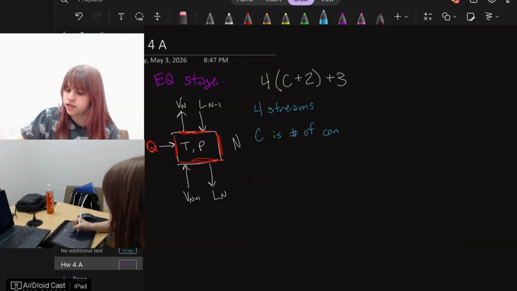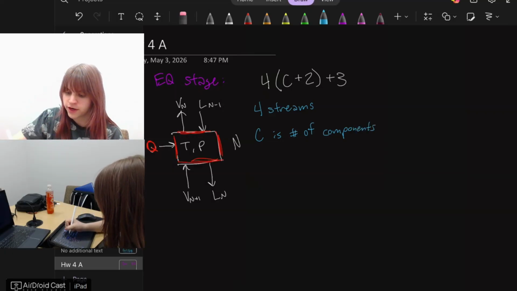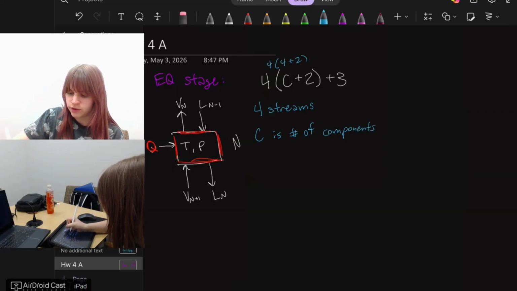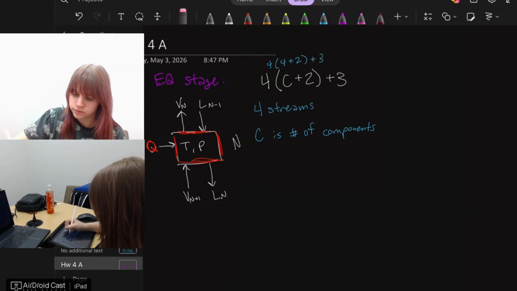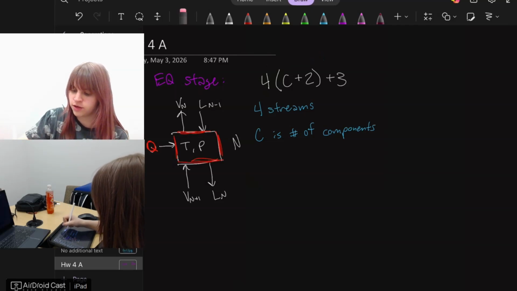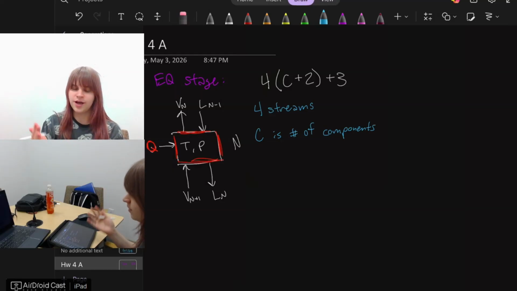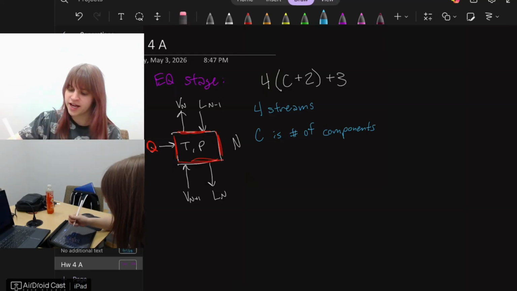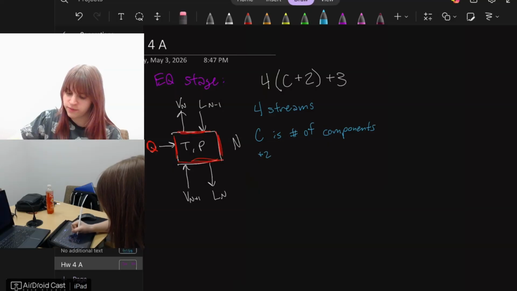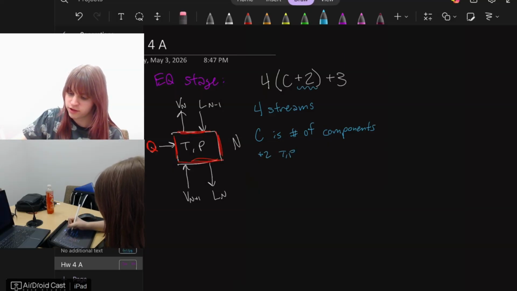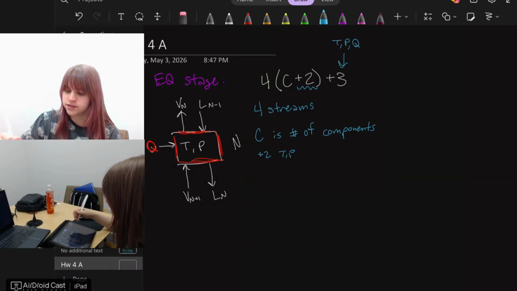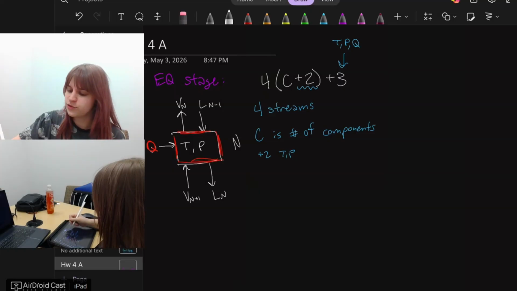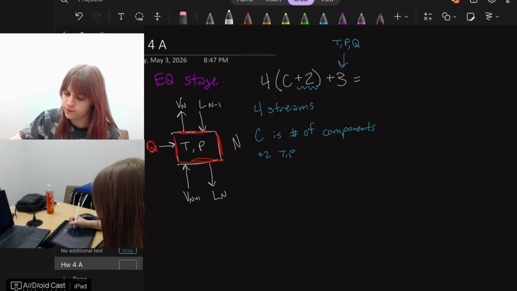So if we had 4 components, we would put a 4 there and just do the math that way. But we're leaving it as C because we don't always know how many components we're going to have. The plus 2 is from the T and P within here, and this plus 3 is the temperature, pressure, and heat, that Q.